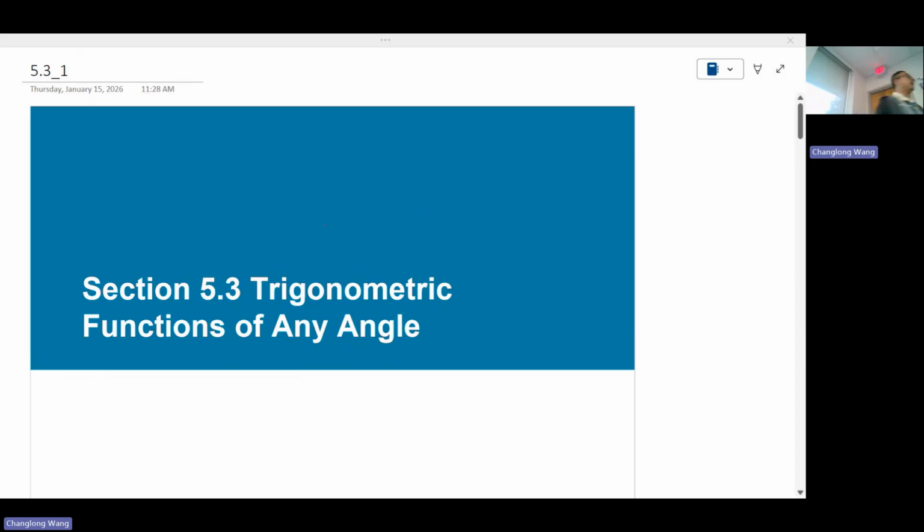Now, in order to get different angles, you have to turn the terminal side, either in a counterclockwise direction, you're getting positive angles, or if you turn the other way around, you get negative angles. And you can always locate where the terminal side is and use it as a way to refer to whether the angle is in the first, second, or third quadrant, right? But now we want to be more specific.